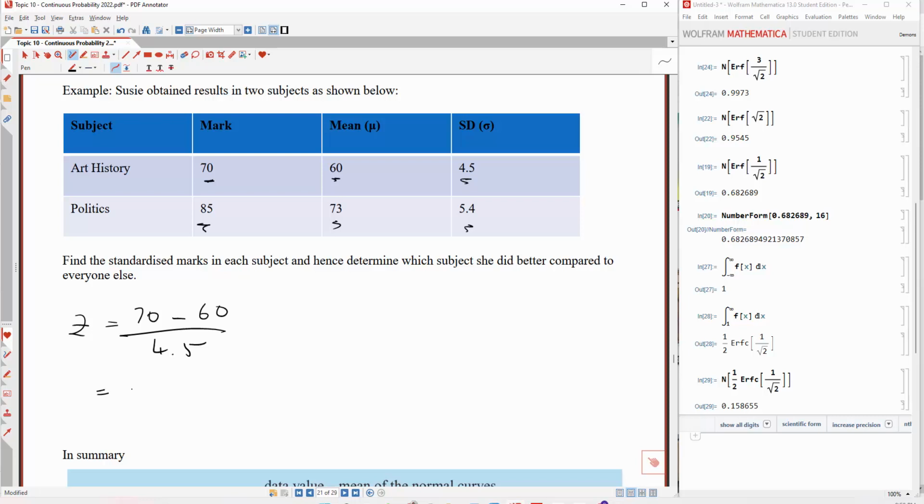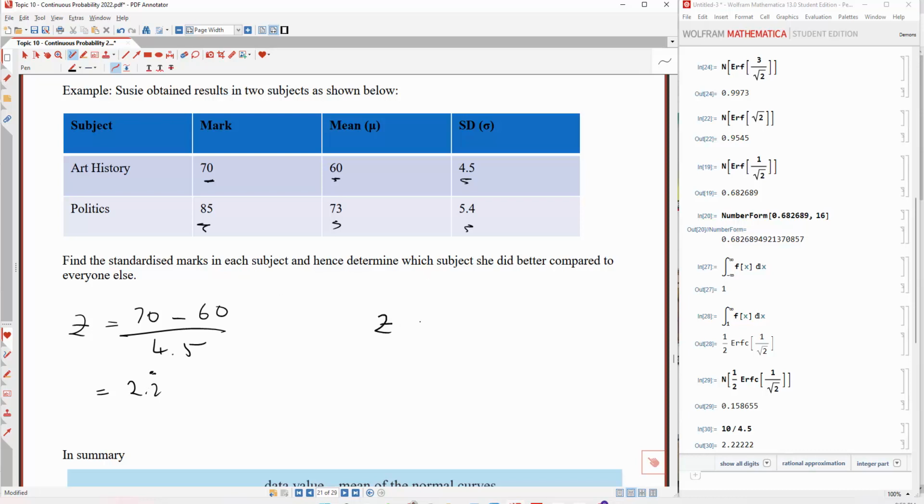This gives us what we call the Z score. So this is 10 over 4.5, which is 2.2 recurring. That means she sits just above 2 standard deviations to the right of the mean. It's a very good score.